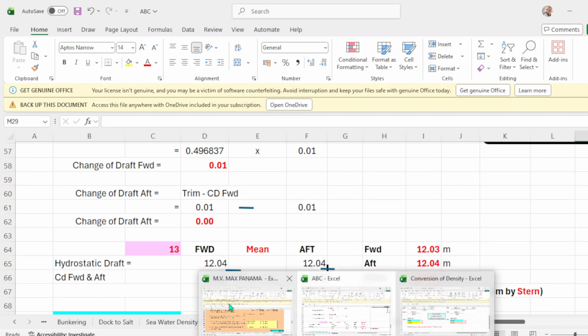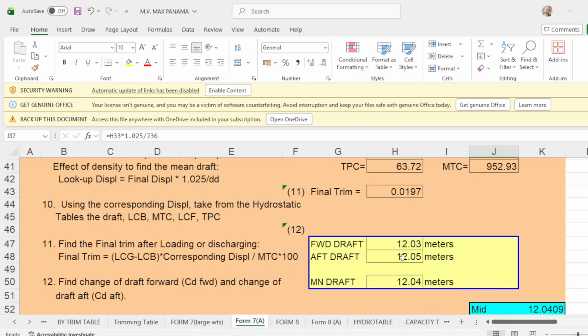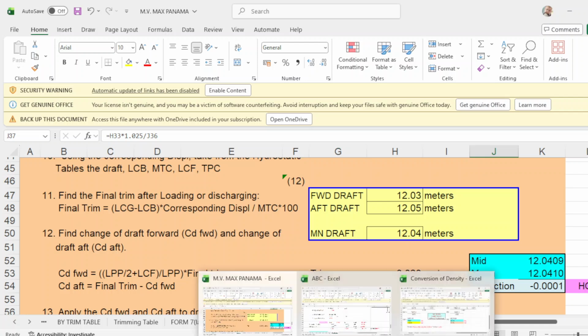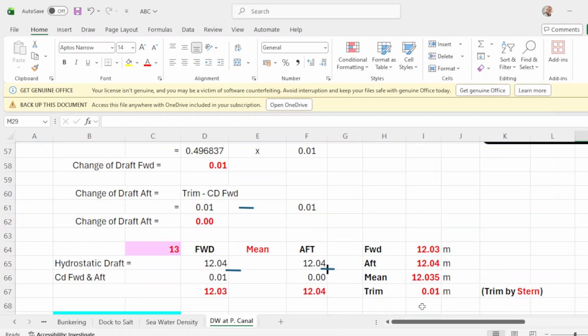Next, his trim is 0.2. If you minus the forward and aft, that will be 0.2 here. But in manual computation, the trim is 0.1. So deduct 12.03 minus 12.04, it is 0.01.